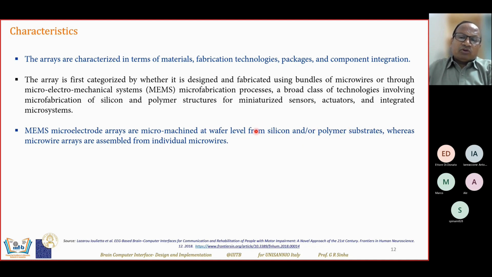But we generally do not use germanium, though germanium is also a semiconductor material. Would you like to answer why only silicon is used at the wafer level? Why not germanium? I can pause for 10 seconds. Would you like to answer why not germanium?